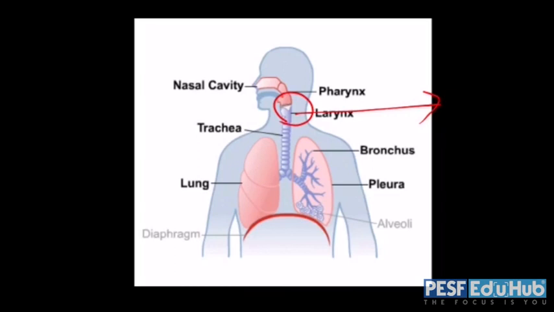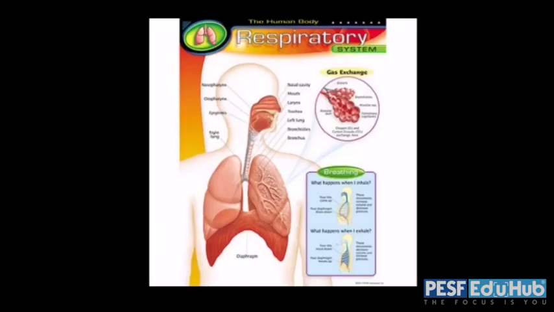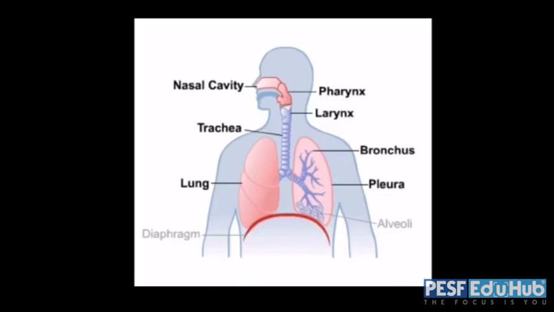Then the structural and functional unit of our respiratory system is the alveolus. Many alveoli join to form two spongy lungs. The lungs are covered and protected by the pleura. This covering of the lung is called pleura.